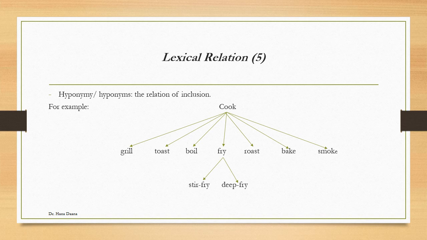We said that grill is a hyponym of cook, and all the rest are hyponyms of cook as well. But the relation that goes horizontally is called taxonomy, and we will talk about that in the coming video. Great.